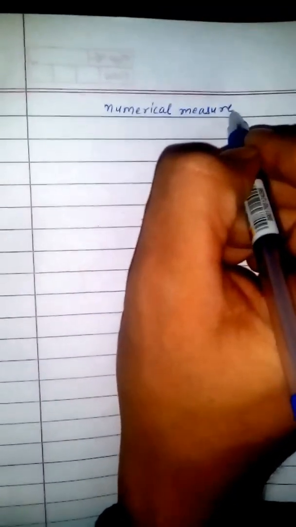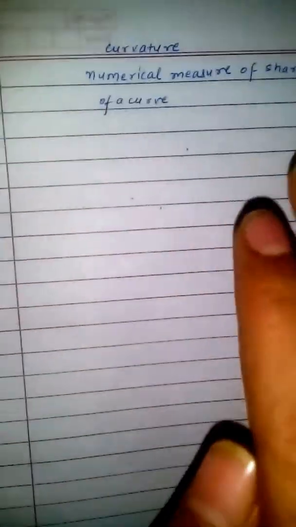This is your curvature. So it gives a numerical measure of how sharp the bending of a curve is.